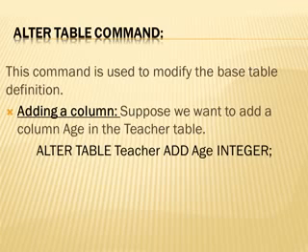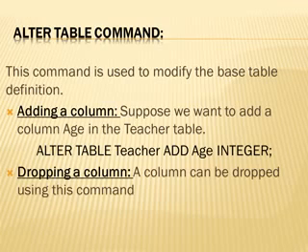So this is the command alter table, and then the name of the table, whichever table you want to alter, means in which table you want to add the column. So you have to add the column, so next you have to write add, and what you have to add, the attribute, the name of the attribute is age, and what type of data it will hold, it will hold an integer data type.